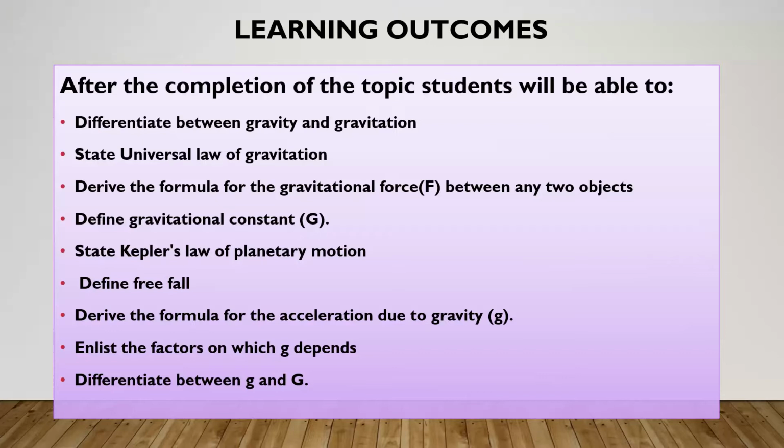After that, we are going to discuss Kepler's law, and you will be able to state Kepler's law of planetary motion, define free fall, derive the formula for acceleration due to gravity, that is small g. Then you will be able to enlist the factors on which this g depends. And finally, you will be able to differentiate between small g and capital G.